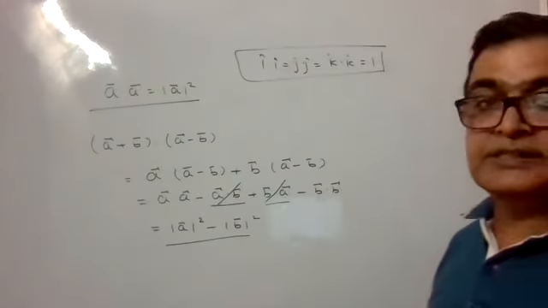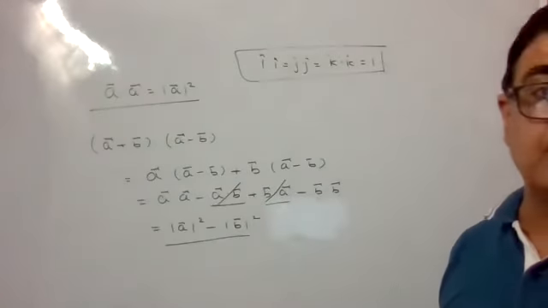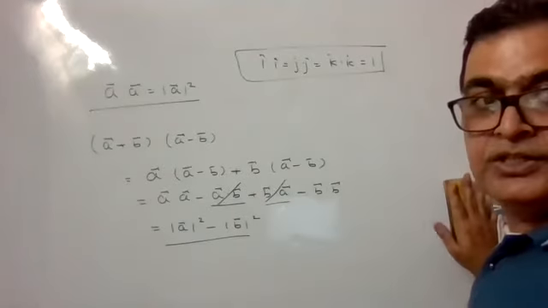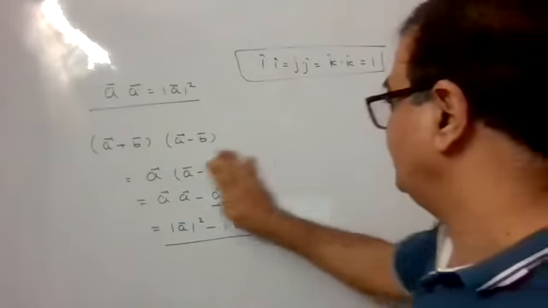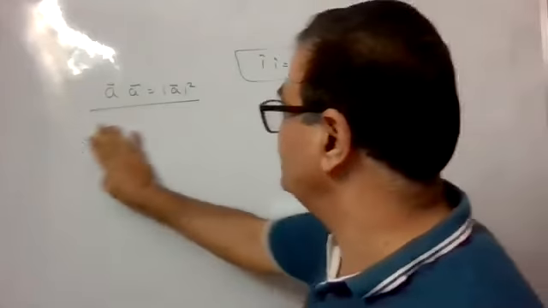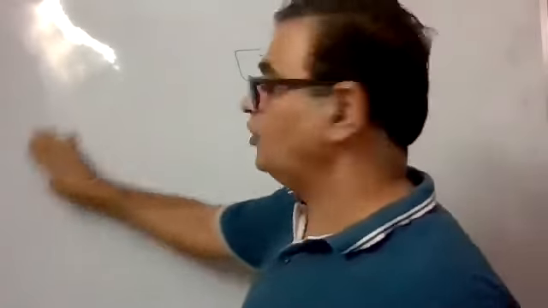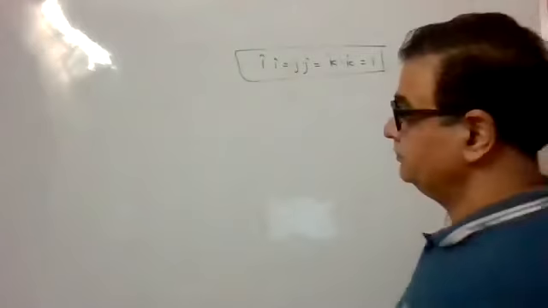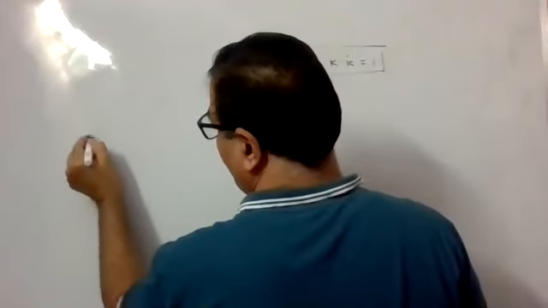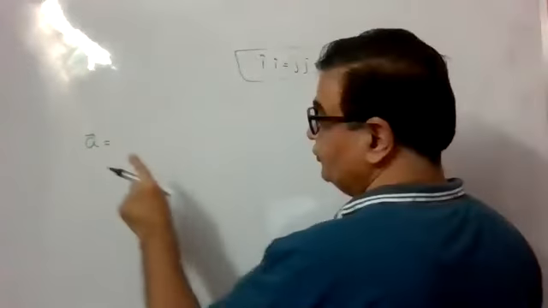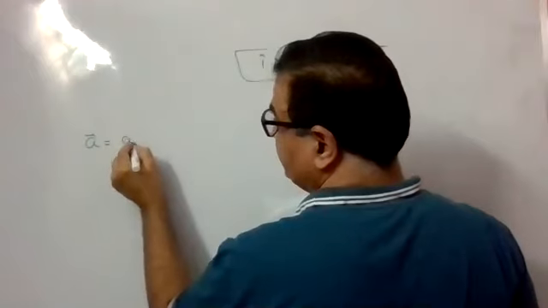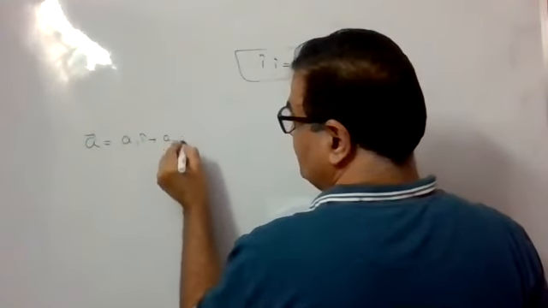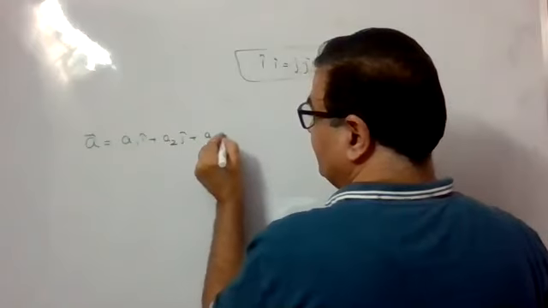Next, write down scalar product in terms of its components. How we are going to calculate dot product or scalar product when the vectors are given in their component form. For the general result I am taking, A is A1 i cap plus A2 j cap plus A3 k cap.